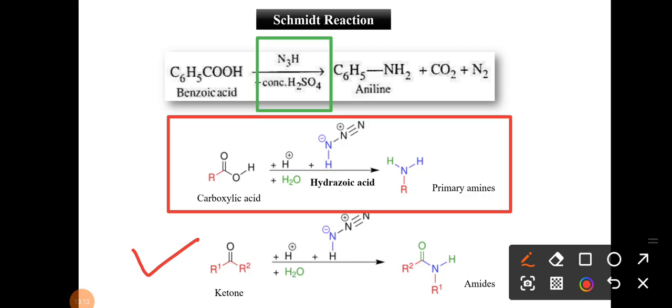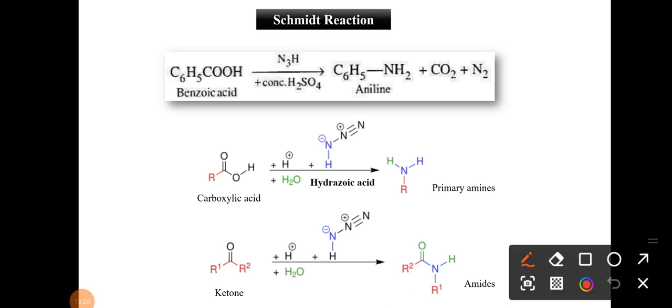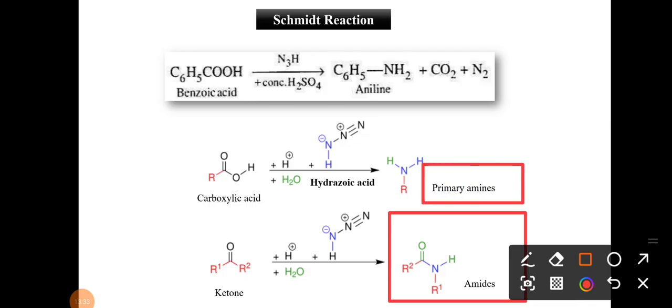With a similar reagent, the ketone gives amides. We have seen carboxylic acid and ketones, but what about aldehydes? Aldehydes also give primary amines. Please remember, aldehydes also give primary amines, and just the ketone gives amides.